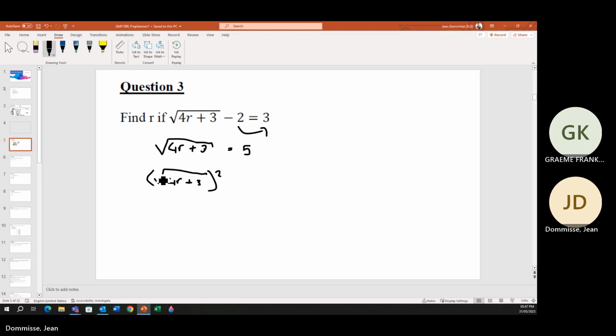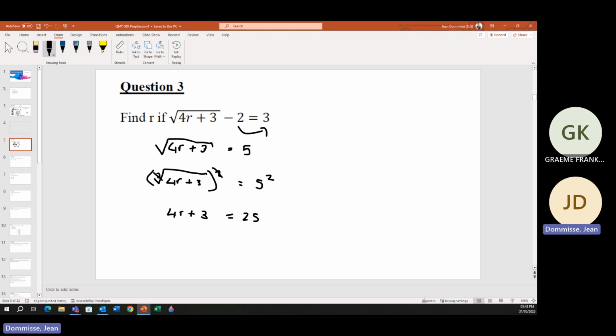There's normally a 2 in that, or they don't show the 2, but there is a 2 in that square root because that's the standard one. So if I square one side, I need to do the same on the other side. And by this method, I have been able to cancel that out. So I sit on the one side with 4r plus 3, and on the other side, 25.